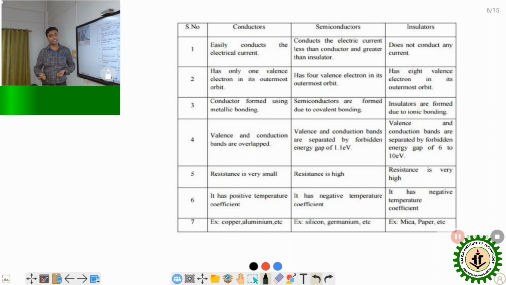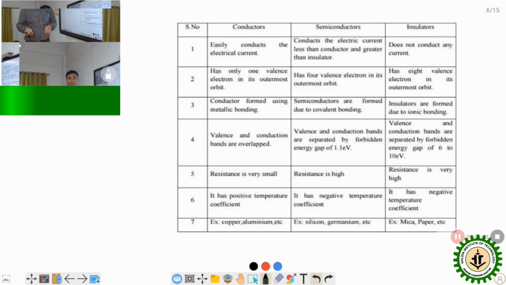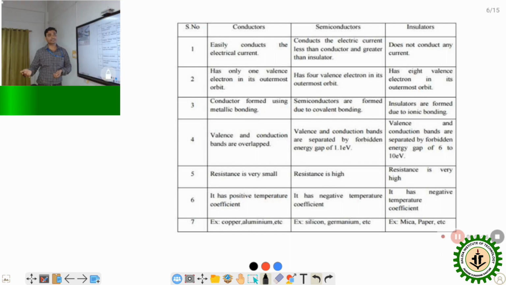That means if we increase the temperature, the electrons in the valence band get thermal energy, get excited and reach the conduction band, generating electron hole pairs, and finally we get the flow of current. If the temperature increases more and more, more electron hole pairs are generated, and as a result the current increases. And in the case of an insulator, it has a negative temperature coefficient.